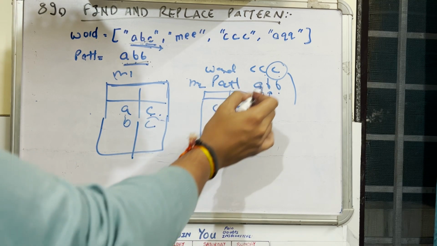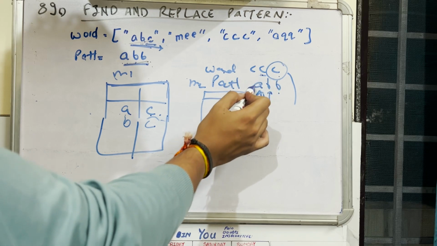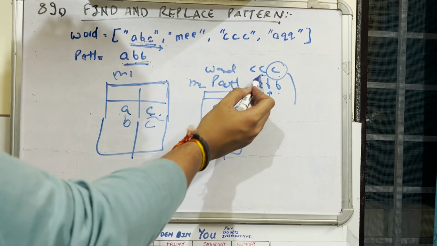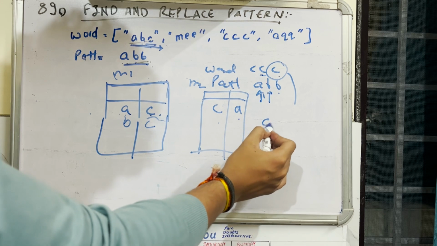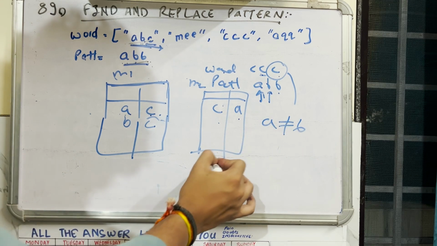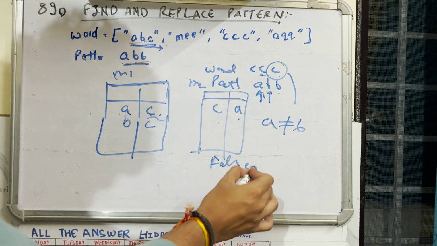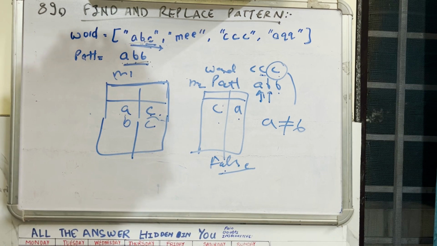Then when you come here, you check C: is C mapped with anything? You'll see C is mapped with A, and A is not equal to B, so you'll return false, or you will not add this in your answer.